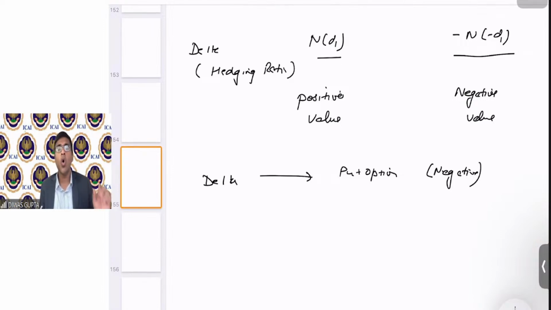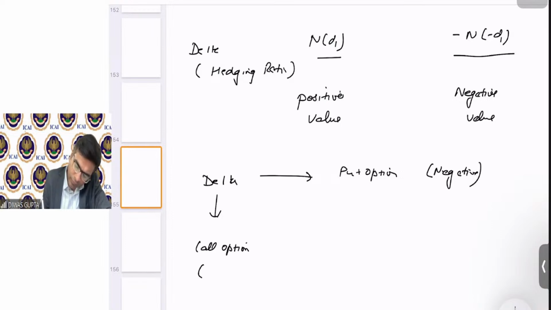However, in case of a call option, the increase in spot price will increase the call option price also. However, delta for a call option is positive.